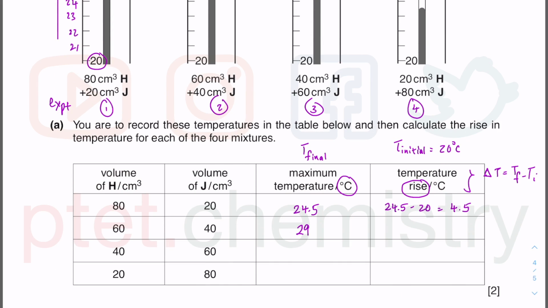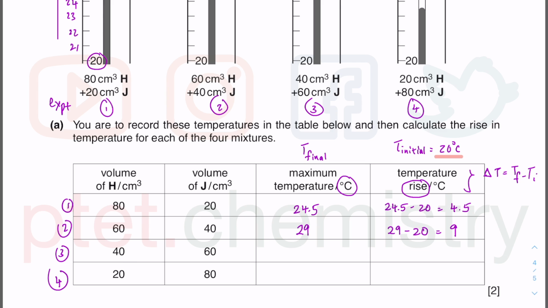Initial temperature remained 20 degrees Celsius because these are different experiments. So they all started from 4 different solution mixtures, all of which had the same initial temperature of 20 degrees Celsius because these are separate experiments. So what I get there is final temperature minus initial temperature. I get 9 degrees Celsius on my calculator.